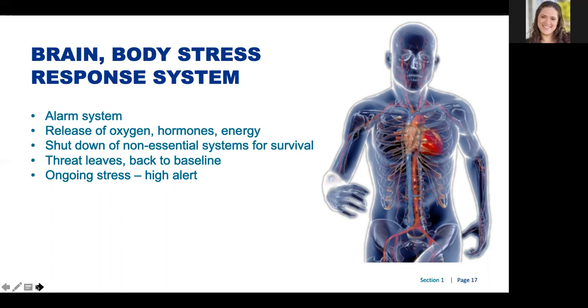But if the stress continues and is pervasive, a person experiences what we call toxic stress. And that is like the saber-toothed tiger that entered the room earlier, left the room, but is still lurking around the house. The body slows down to conserve energy and allows the brain to relax a little and engage in more complex thinking, but not fully.